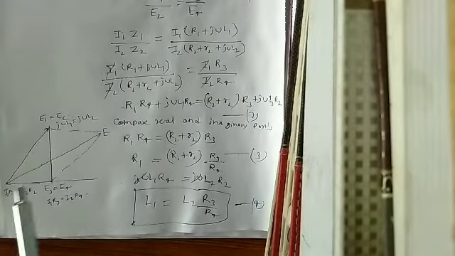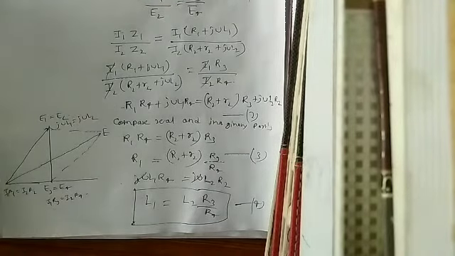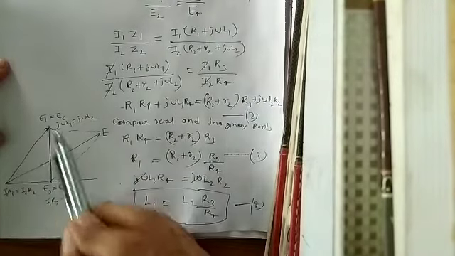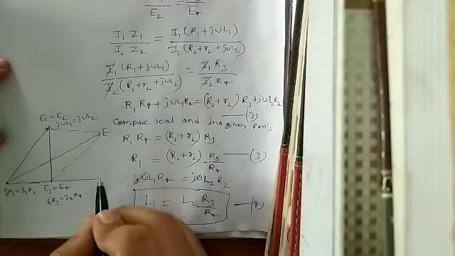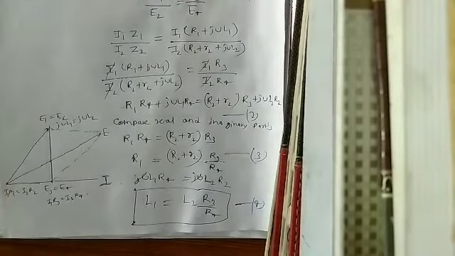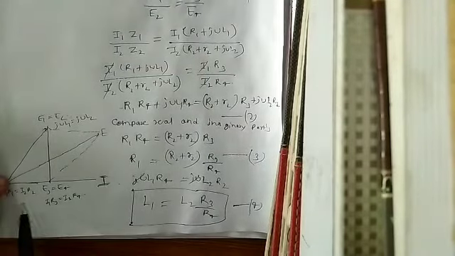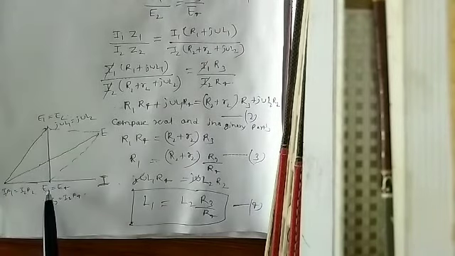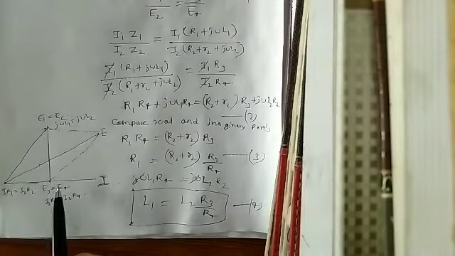Here we can see the phasor diagram for Maxwell inductance bridge, in which E1 and E2 are lagging the current I because of inductance, j omega L1 and j omega L2, and I1 R3 and I2 R4 are in phase with the current because of their resistance.